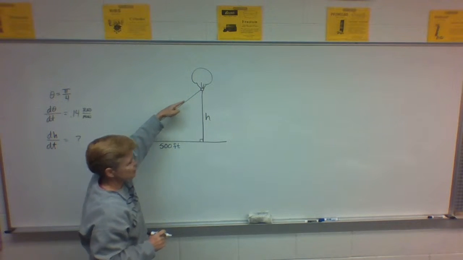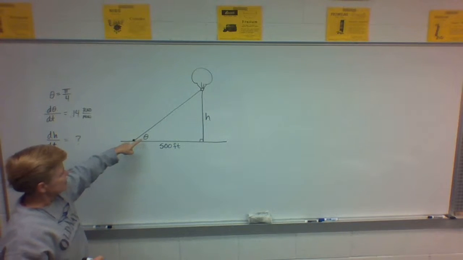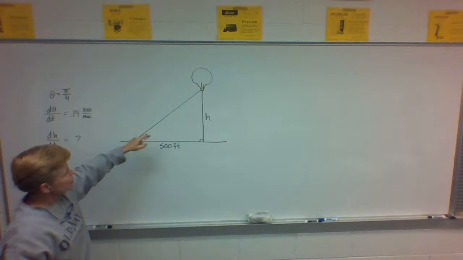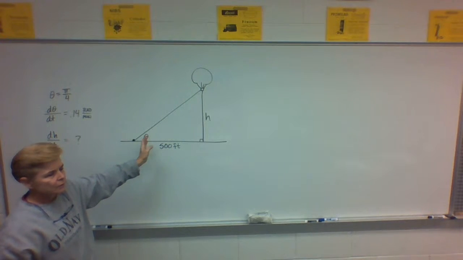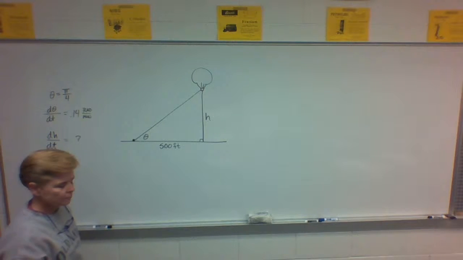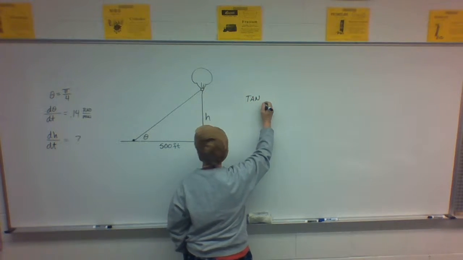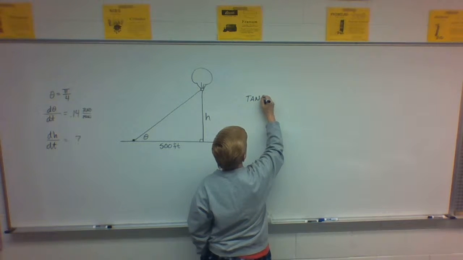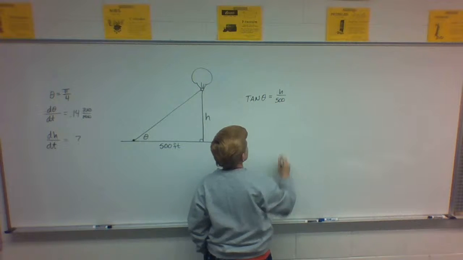We don't care about that. Tangent would be excellent, because with respect to that angle, we wish to know something about that, and we do know something about this. Tangent of theta is equal to h over 500. Does that make sense? Okay, so that's what we write. We look at the picture and try to figure out some mathematical relationship. Tangent of theta equals h over 500.